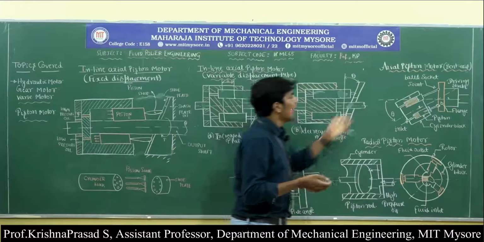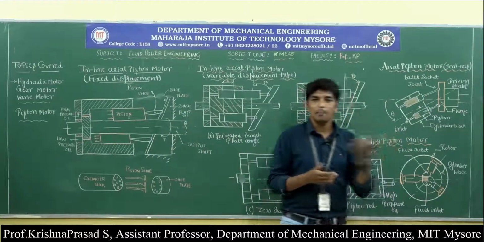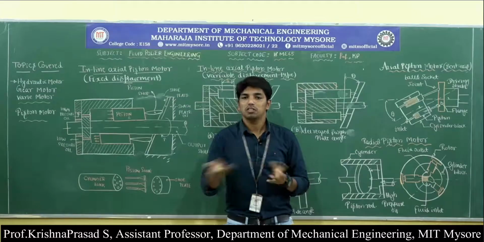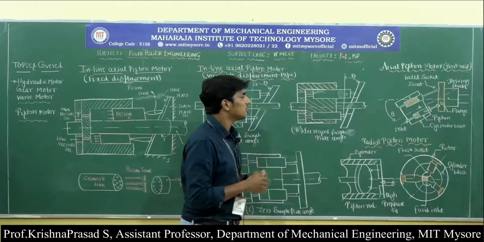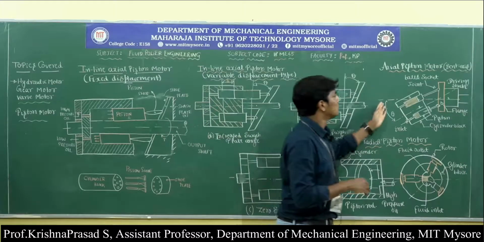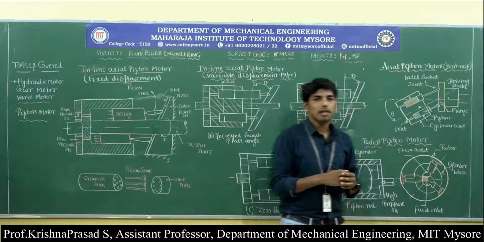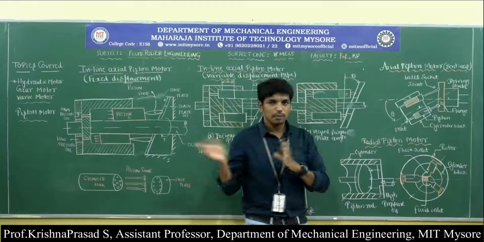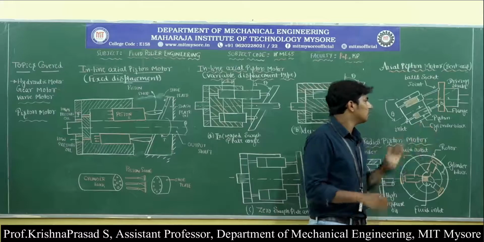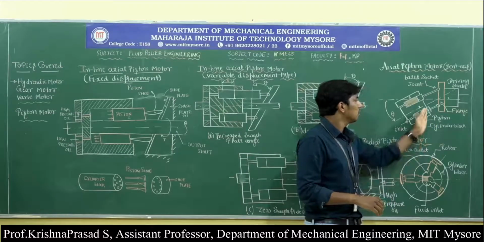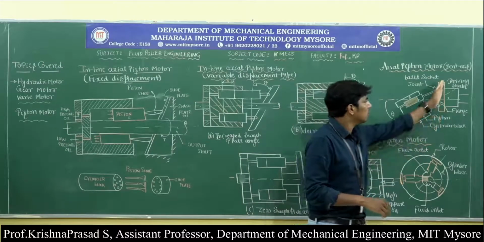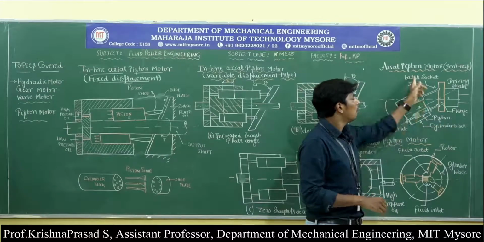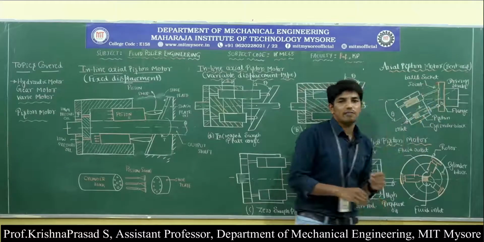So this is regarding the inline axial piston motor with a variable displacement type. Then the axial piston motor with the bent axis. This is a different kind of construction. So observe here. What are the important parts of the axial piston motor? They remain the same. It mainly consists of the cylinder block, piston rod, drive shaft flange, ball and socket joint, and the driving shaft.